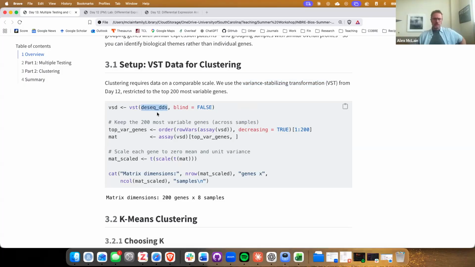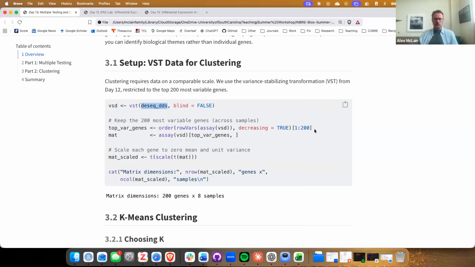So we take our results, we apply this variance stabilizing transformation, and then we get the genes that have the top 200 most variance. So these aren't those that are most significant or anything like that. They're just the genes that have the most variance.